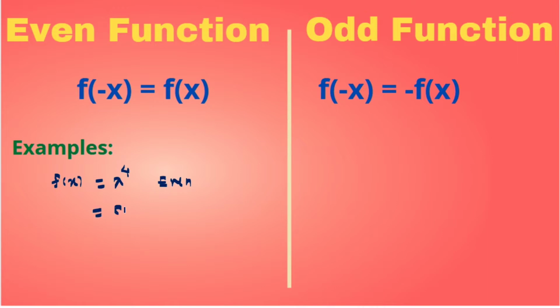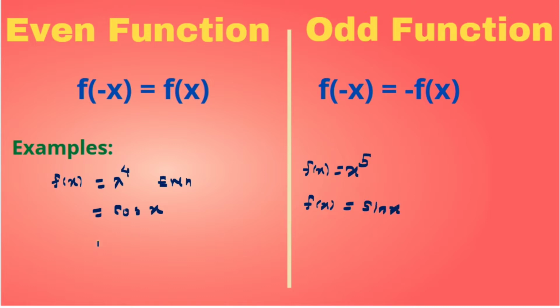Similarly, cos x is an even function. And if the power of x is odd, for example x raised to the power 5, then it is an example of an odd function. And in trigonometry, f of x equals sin x is an odd function.